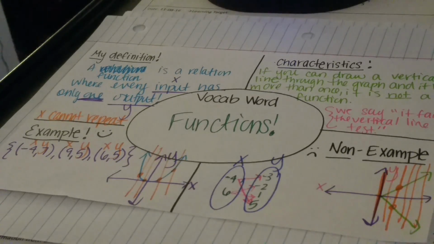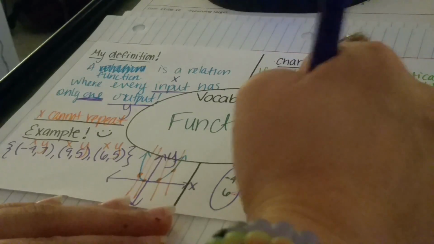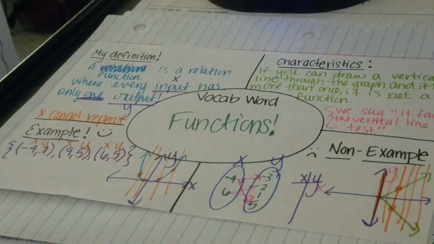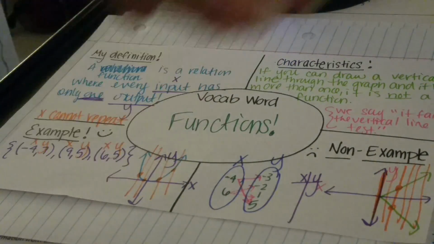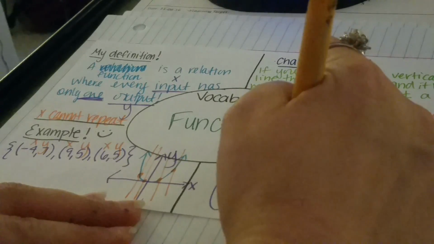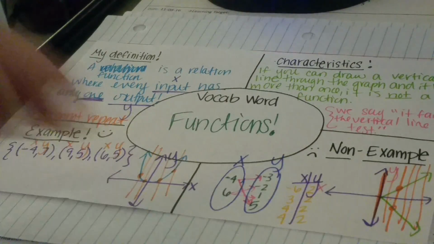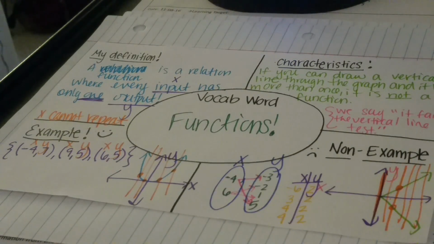Now, what if I wrote a table? All right, so what repeats in this table? 4 and 2.